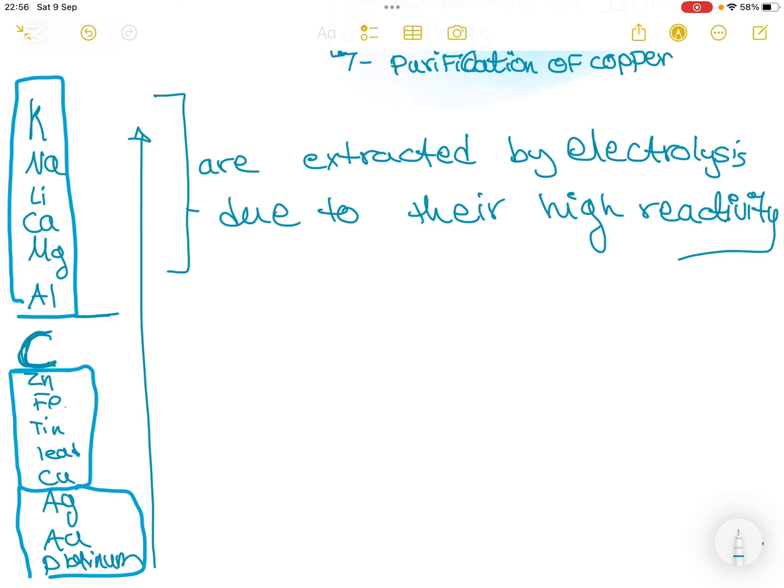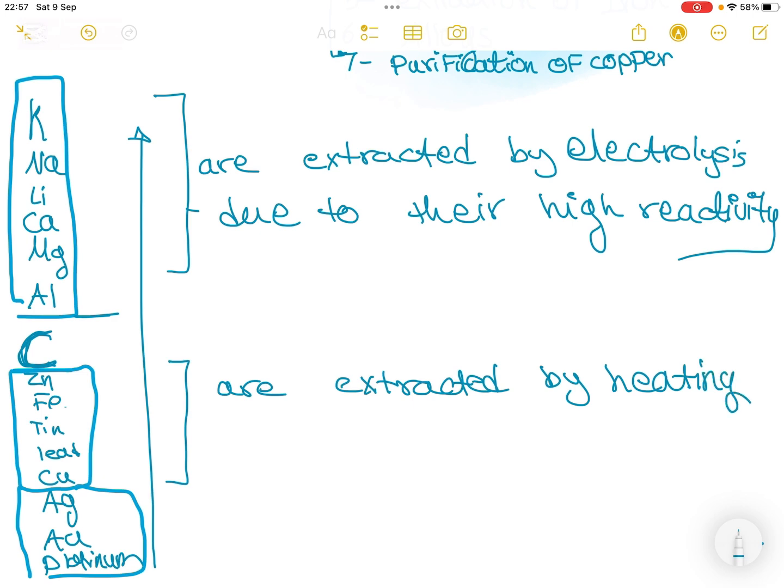They are extracted by heating them with carbon in a blast furnace.